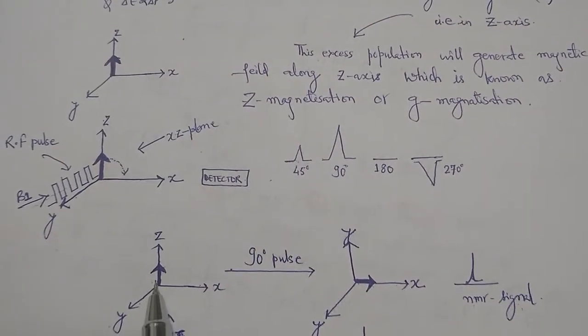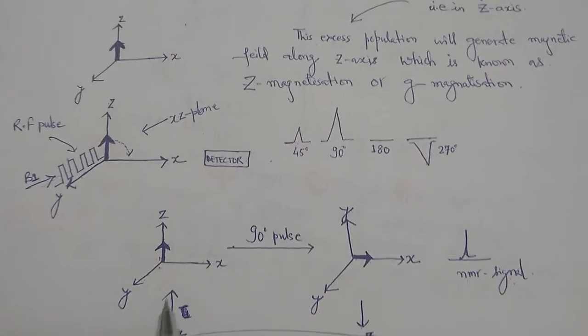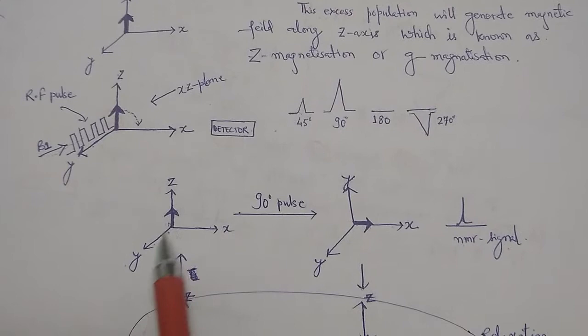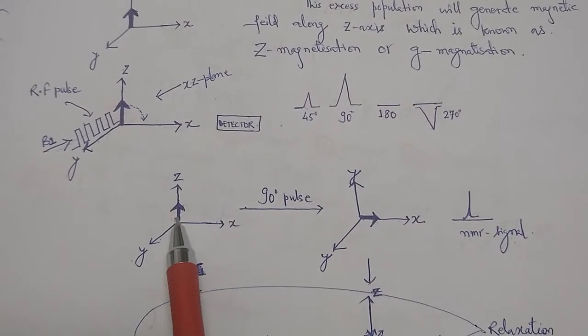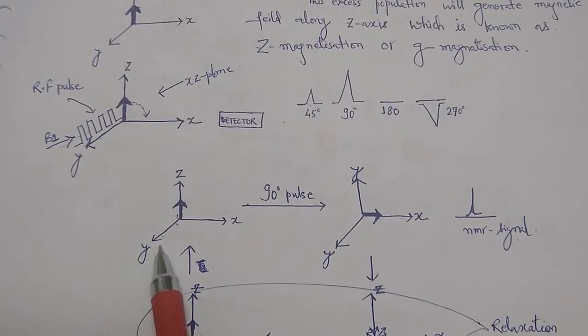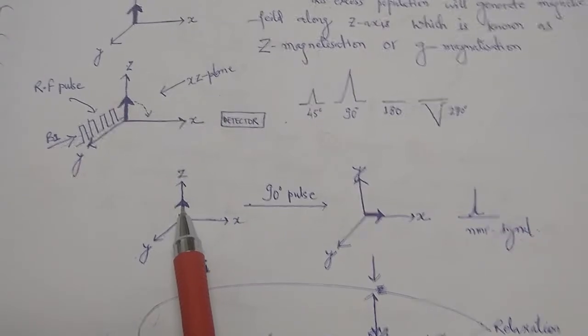To understand this 90 degree pulse in a better way, we can consider this figure. Here are the x-axis, y-axis and z-axis. Z magnetization is there, and the radio frequency pulse will come from the y-axis and hit the Z magnetization.